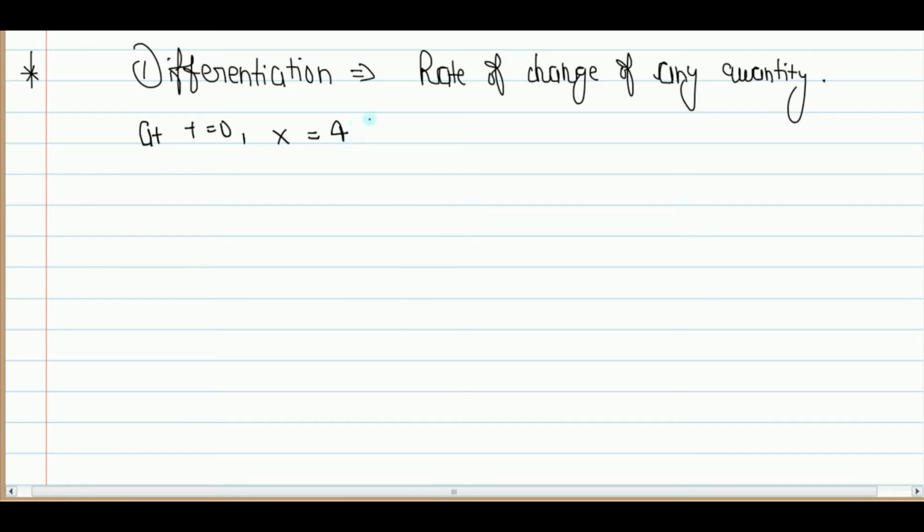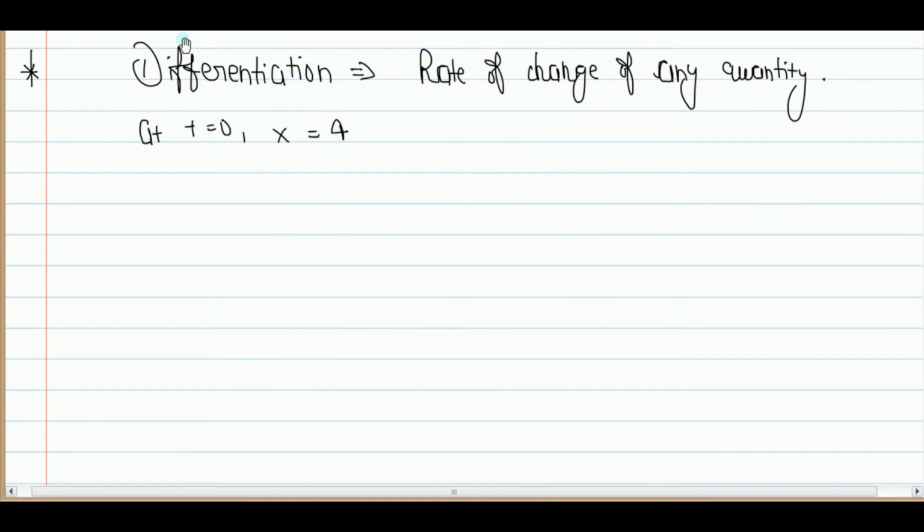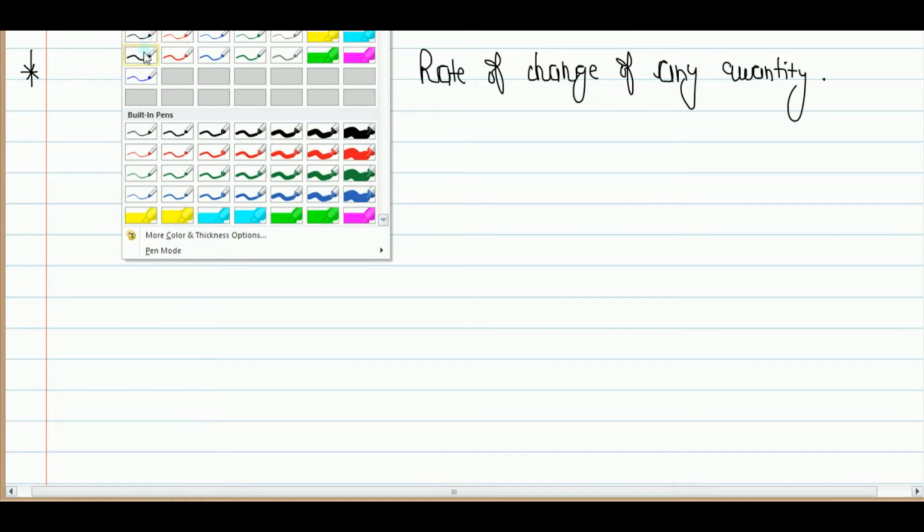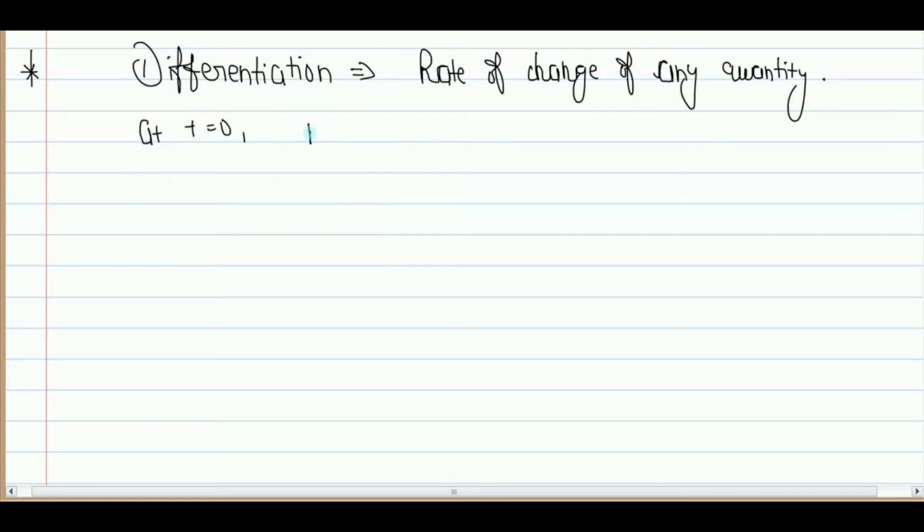Let's say Ram has mangoes. At t equal to 0, the number of mangoes was 10, and after 1 hour, the mango remaining is 6.